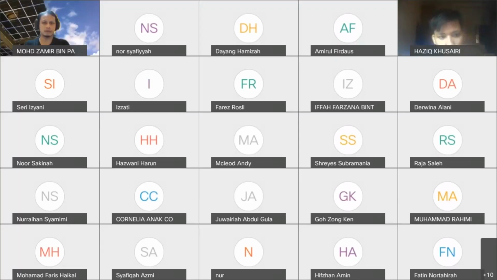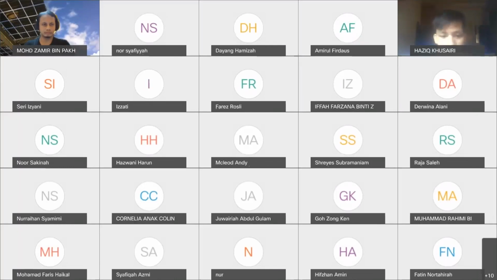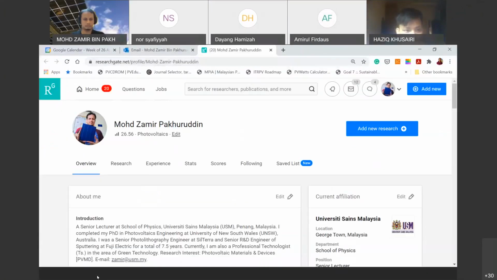So let me share the web. Absorption depth. Okay, hold on. Press the page. Sorry, that's another page.